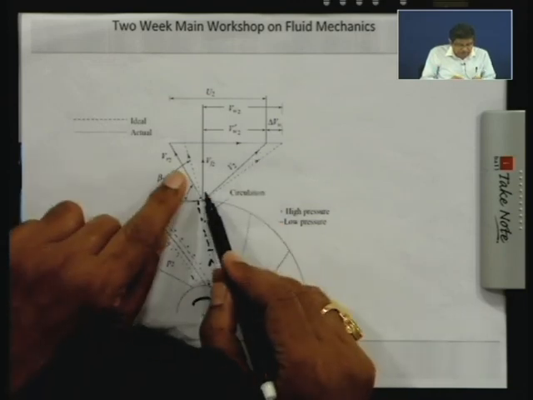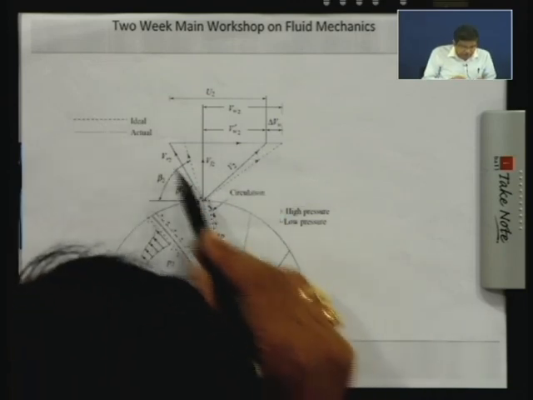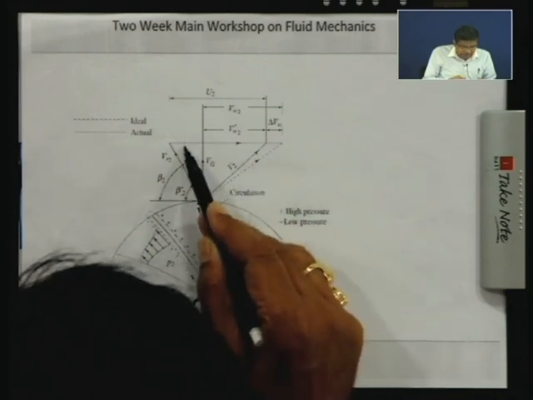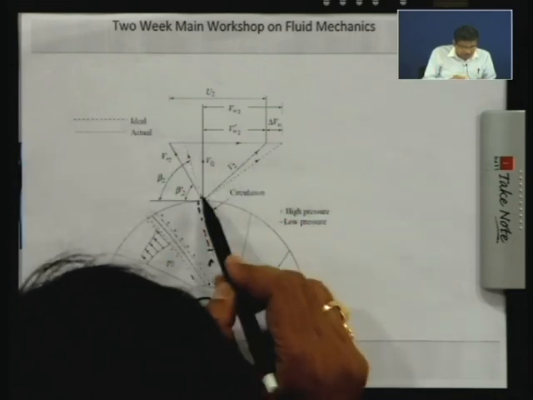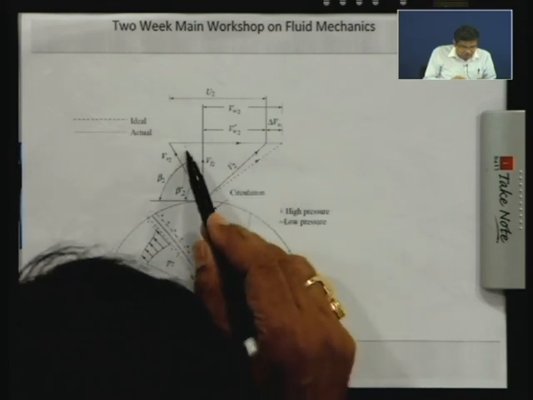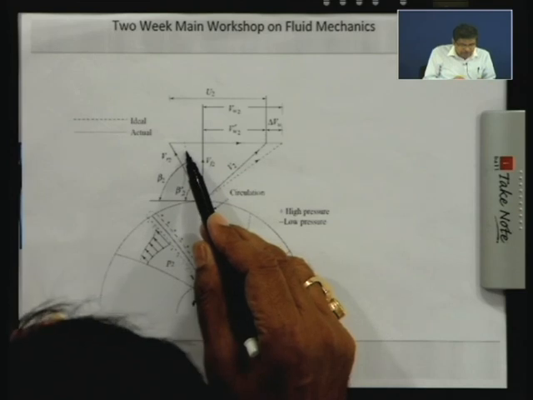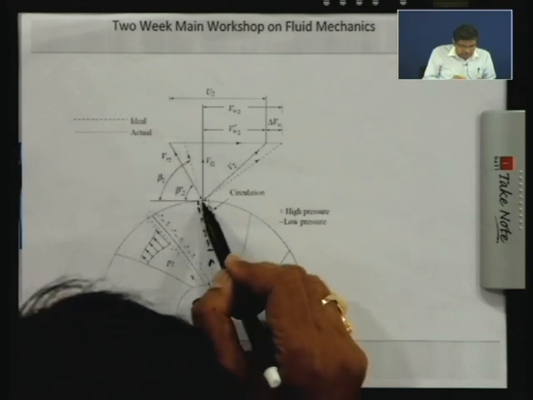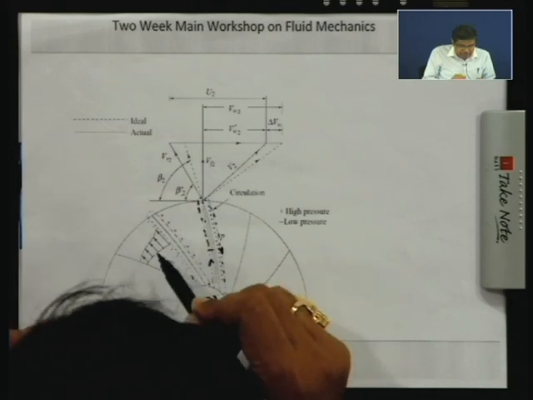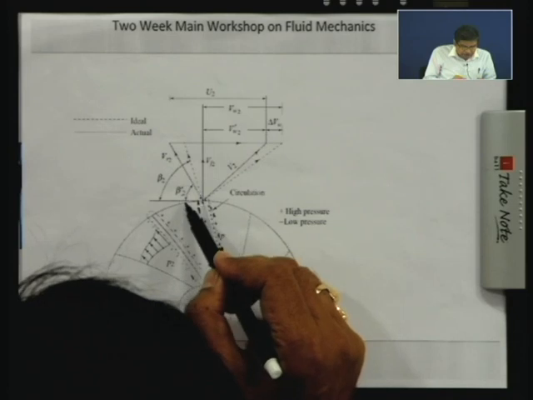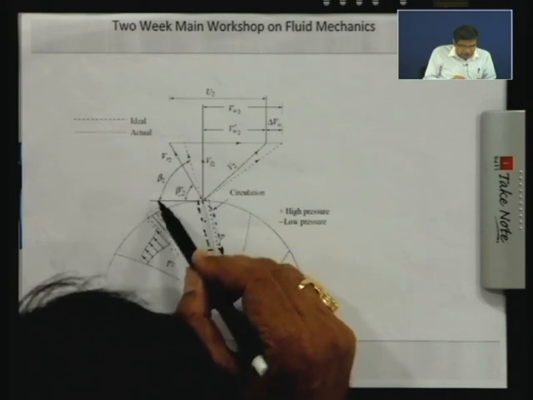So this causes apparently a change. If you compare these two velocity triangles, this is the velocity triangle in the ideal condition, the dotted one, where the relative velocity at the outlet Vr2 makes an angle beta 2, which is the angle of the impeller at the outlet, whereas in the actual case beta 2 dash is less than beta 2.